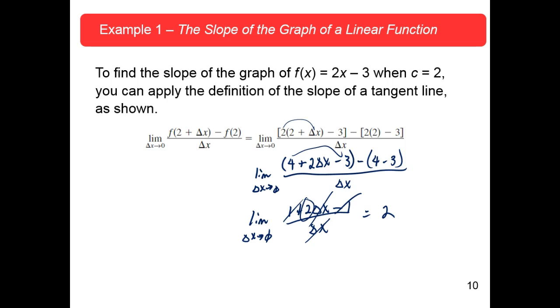And then minus 3. 4 minus 3 is 1, plus 2 delta x, minus 1, divided by delta x. 1 minus 1 is 0. And then the delta x divides away, and you're left with 2. That's your slope. Okay? Does that make sense? Yeah. Okay. All right.